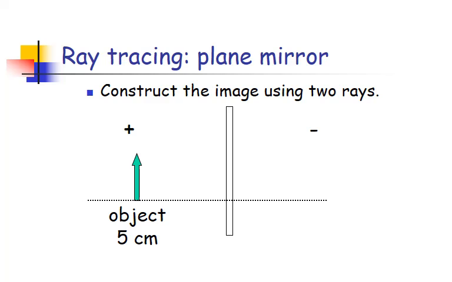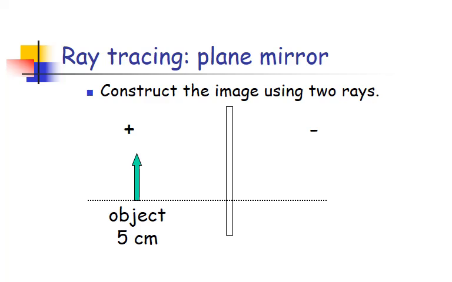So the image that we're going to use here is an object in front of a mirror. So you can draw an object, you can draw your mirror, and we're going to construct what this object looks like in front of the mirror. Now this arrow could represent your hand, could represent a face, whatever. And light is going to be coming from it, hitting the mirror and bouncing off, and by tracing that, we can follow what happens with the light.